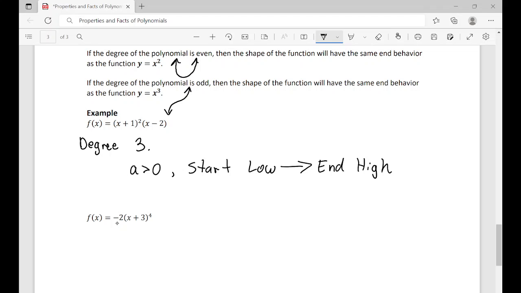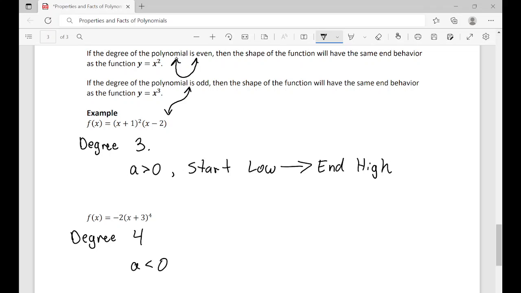Whereas this one here, negative 2 times (x plus 3) to the 4th, this is a 4th degree, so degree 4. And we can see that its a value here is negative 2, so we can say that a is less than 0, it's negative. It's going to have an even degree, so it looks like this, but the negative causes it to flip.